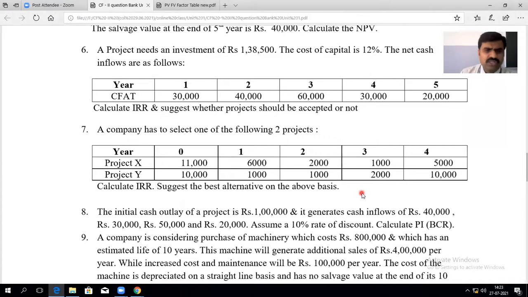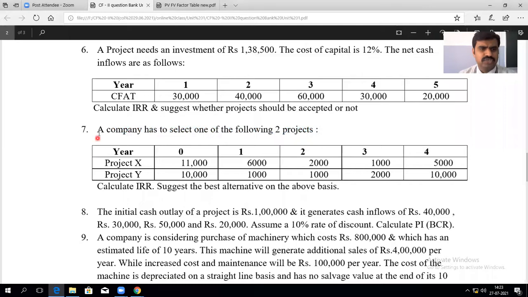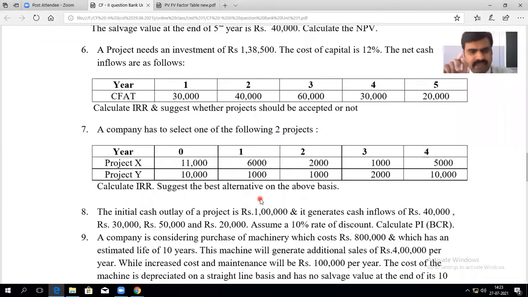Please submit it in the LMS today night, maybe before 10 o'clock. Is it fine? Yes, sir. Write question number 7 and do the assignment.